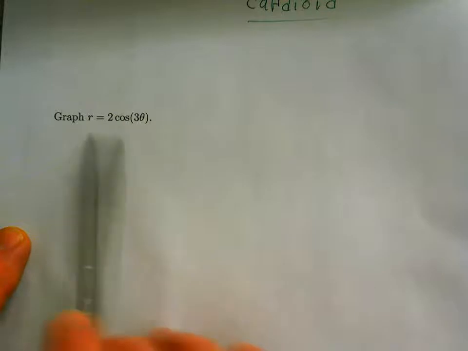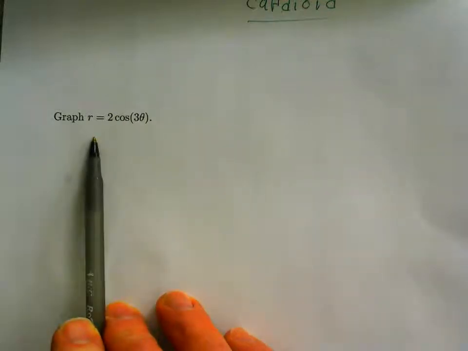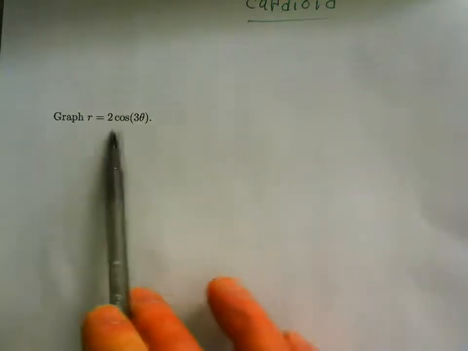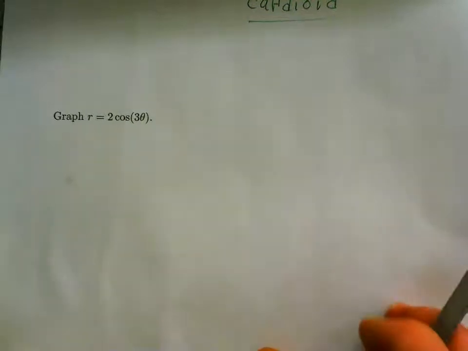All right, so this one, we'll draw the graph in Cartesian coordinates or rectangular coordinates first, and then we'll use that to draw the polar curve.